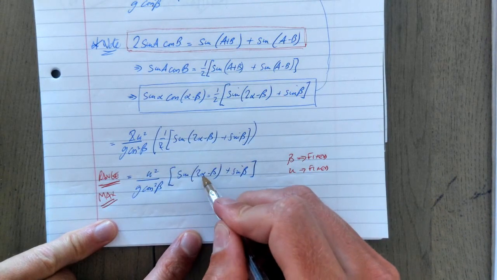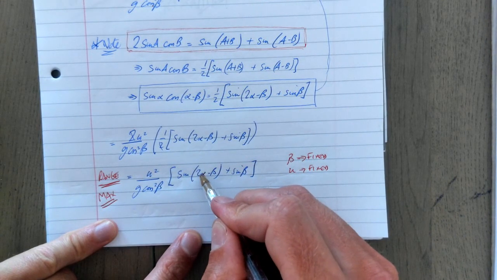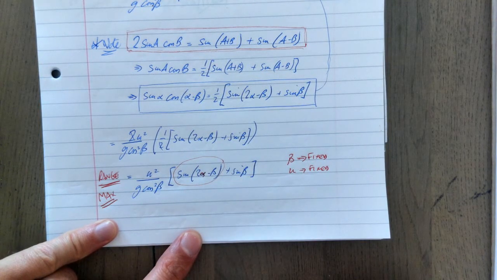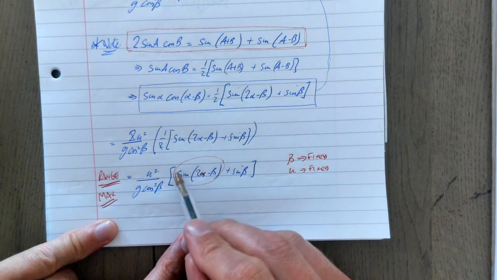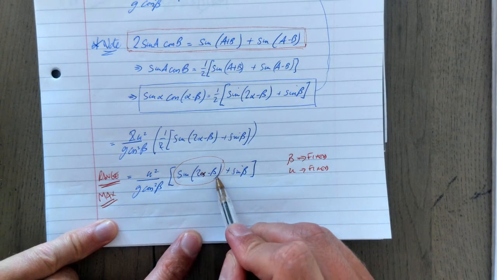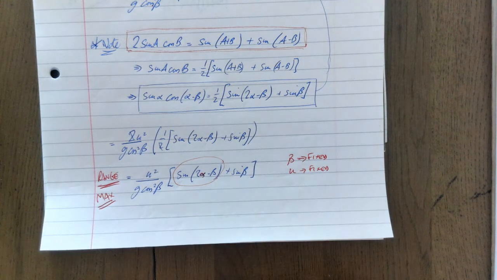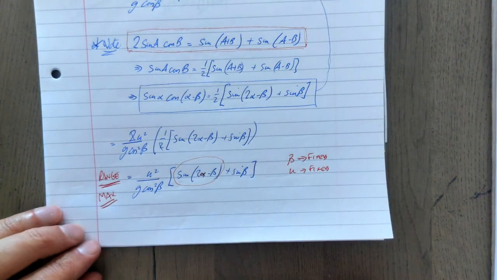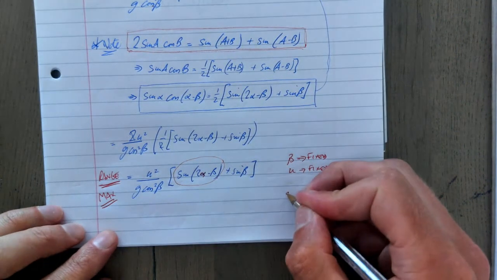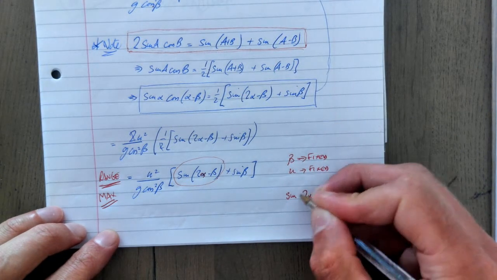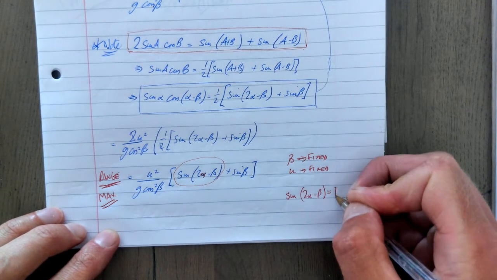So the only part that alpha affects in this expression is there, isn't it? So we want this expression to be maximum. The maximum amount that sine of any angle can be is 1. So we are saying the sine of 2 alpha minus beta is equal to 1.